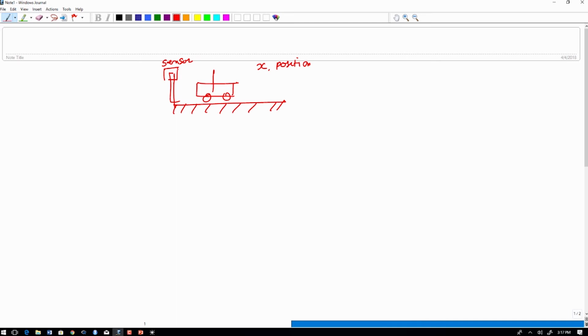It measures the distance, right. But this sensor is noisy. The output of the measurement of the sensor itself is noisy. So, we are not very confident about it. Most sensors are like this; the measurement is a little bit uncertain.